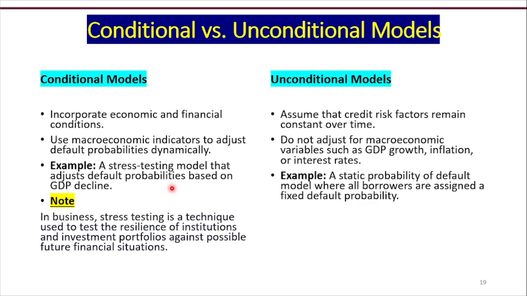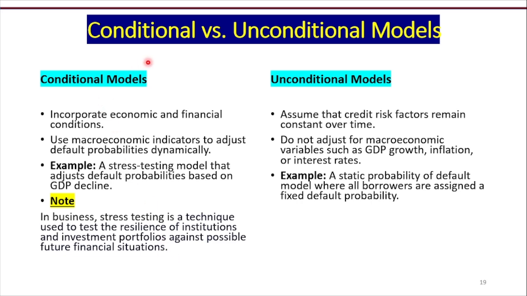Note that in business, stress testing is a technique used to test the resilience of institutions and investment portfolios against possible future financial situations. Stress testing gives you the future or worst-case outcome.